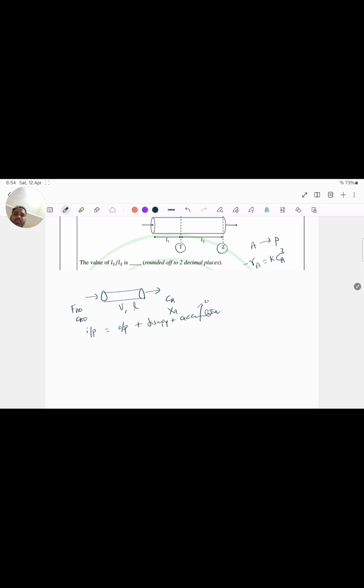So input is equal to output plus disappearance. You will apply the molar balance by taking an elemental volume of PFR, and you will derive it. I am not going to derive that expression. So finally, the expression for the PFR is tau is equal to volume by volumetric flow rate, is equal to Ca0 integral 0 to XA dXA by minus Ra.